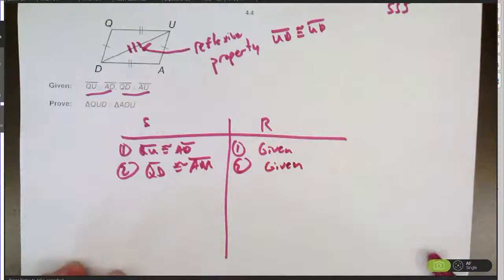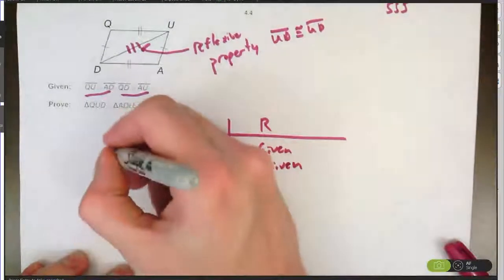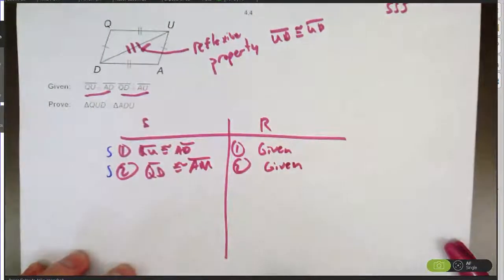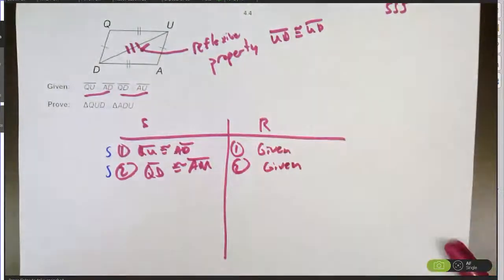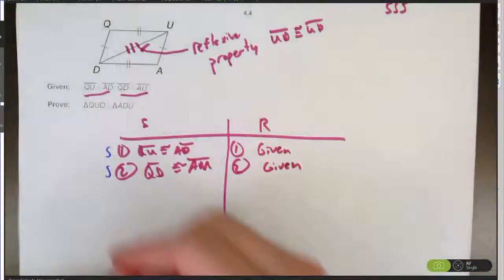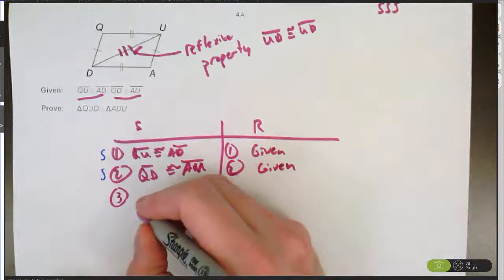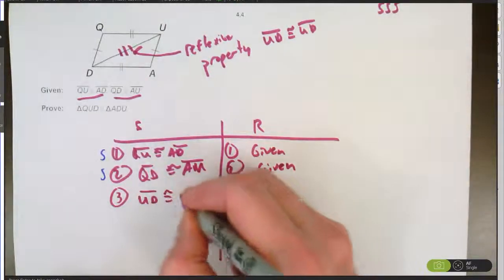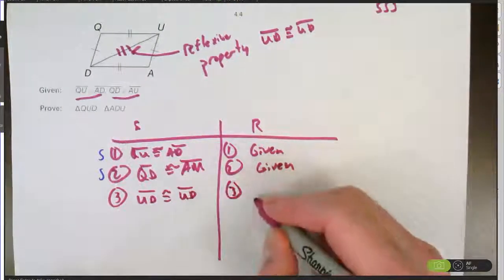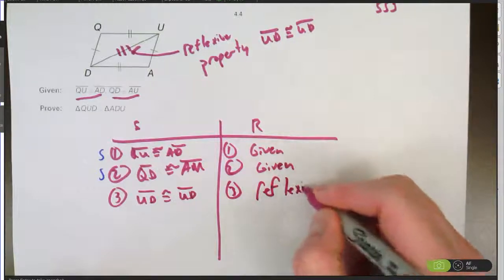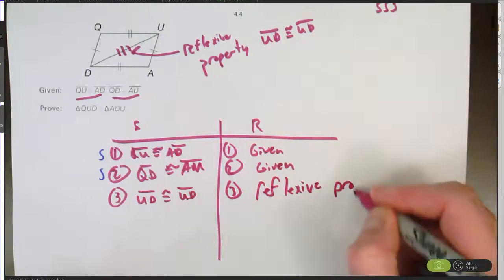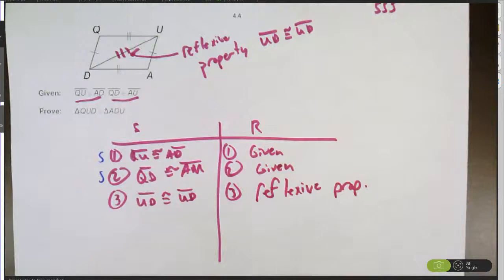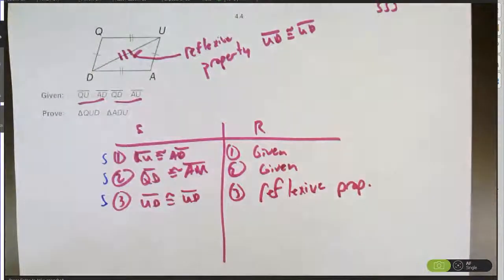Off to the side for myself, I write out side, side. And then I have a third pair of sides: UD is congruent to itself by the reflexive property. And there we have side-side-side.